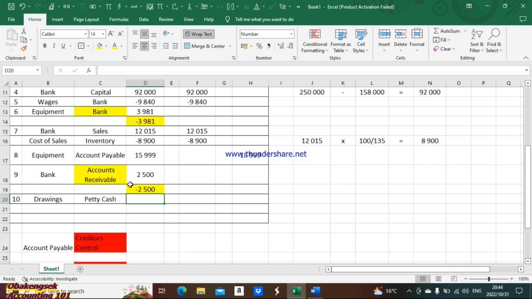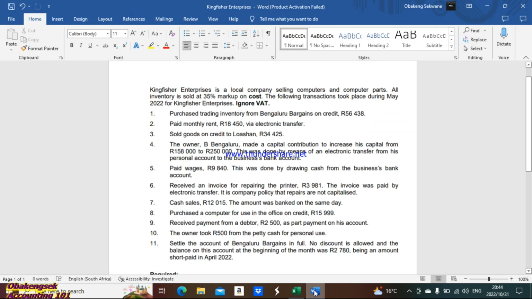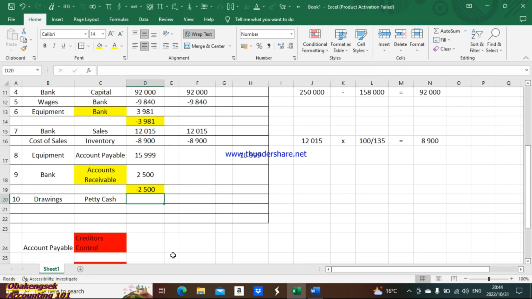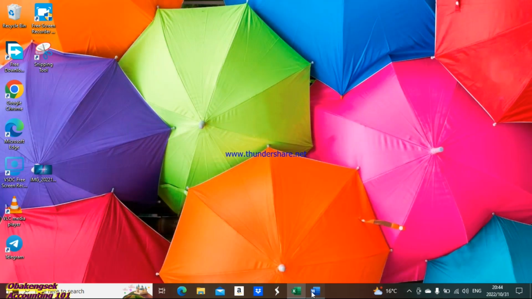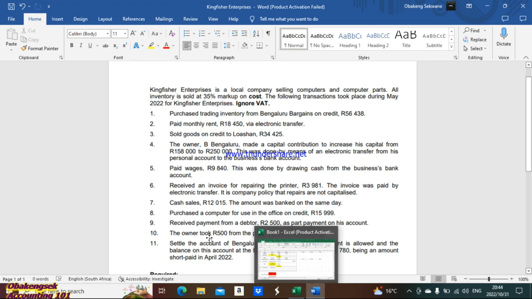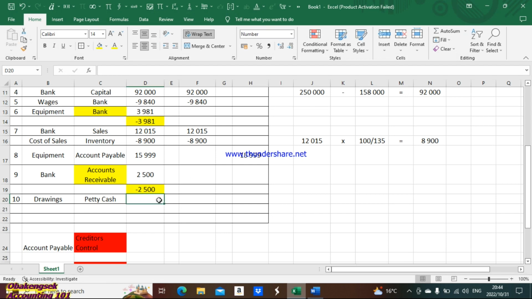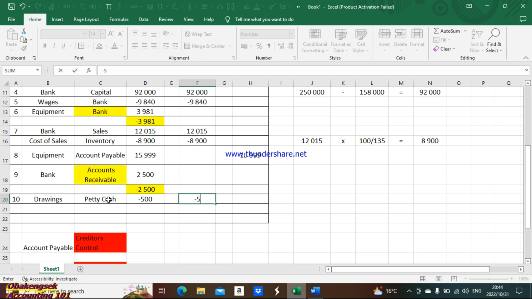This is money that went out. And the money was 500 rand. So we're going to have a negative 500 rand because remember petty cash is also an asset. So assets decrease on the credit side. So we have a negative 500 rand, and drawings is an equity, it's a negative 500 rand.